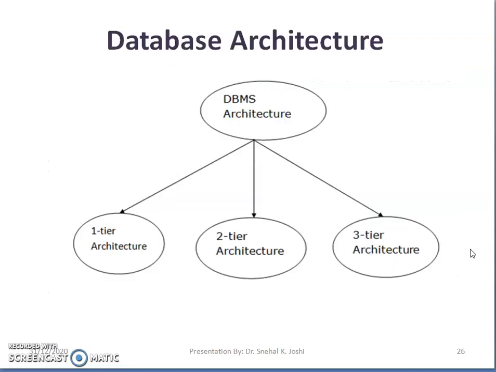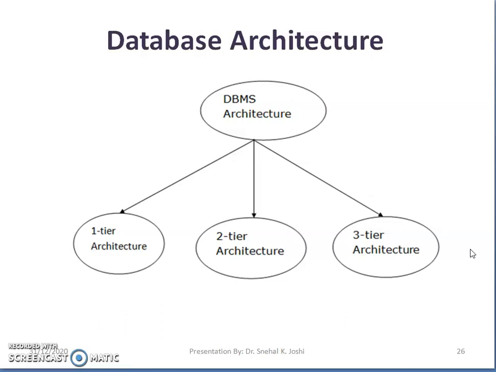Now, next we talk about database architecture. The DBMS design depends upon its architecture. The basic client server architecture is used to deal with a large number of PCs, web servers, database servers, and other components that are connected with the networks.